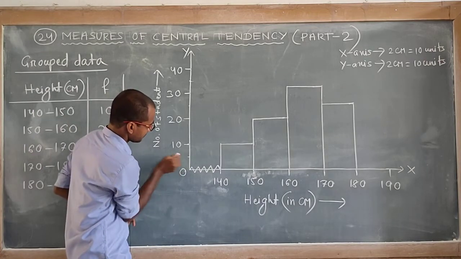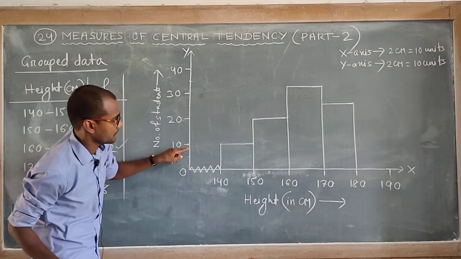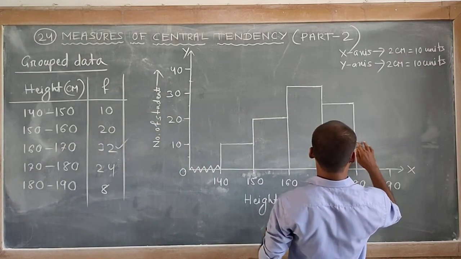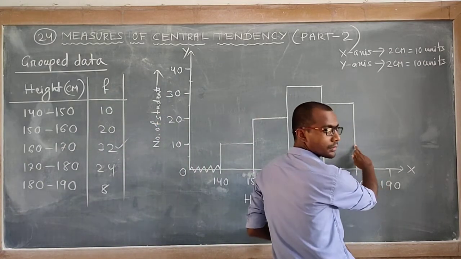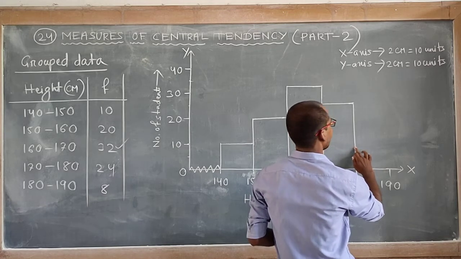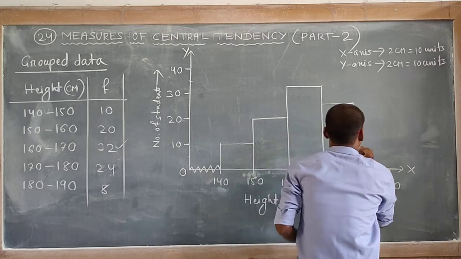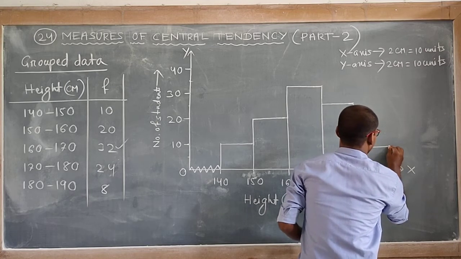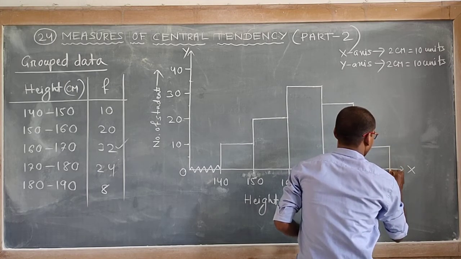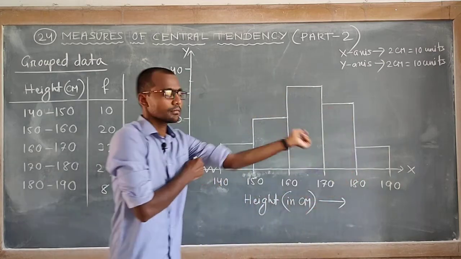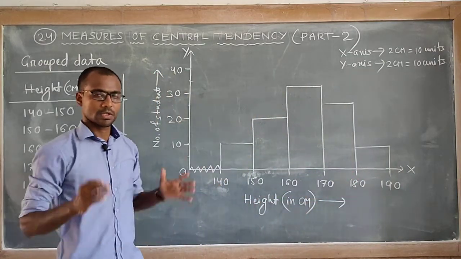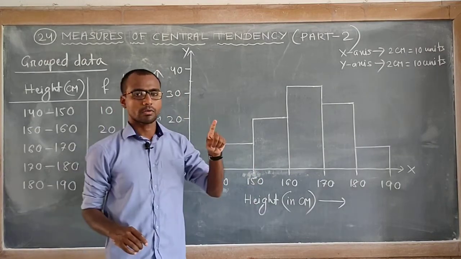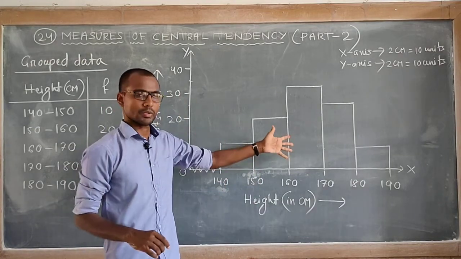This is 5, and 8 will be somewhere here, just below this. So this is the histogram. You know from class 9 how to draw a histogram. So this is the required histogram. Outline was over, scale was over, now graph is over.